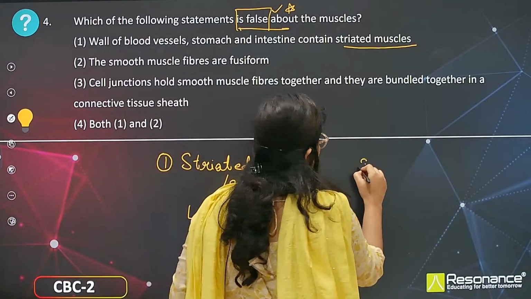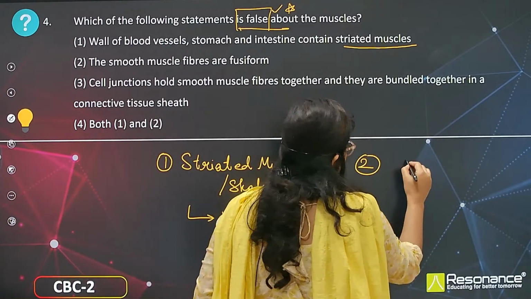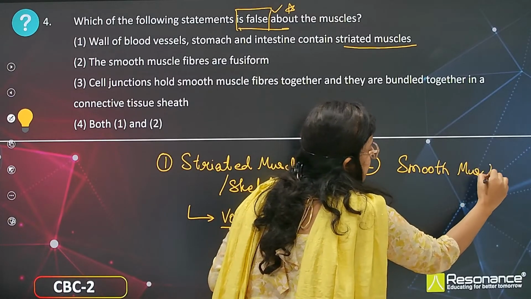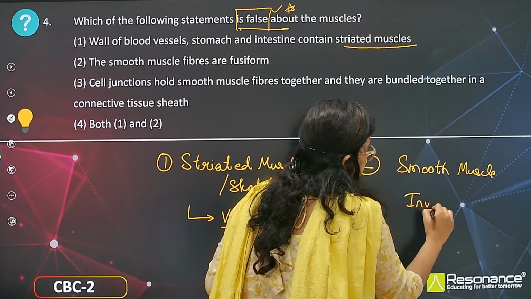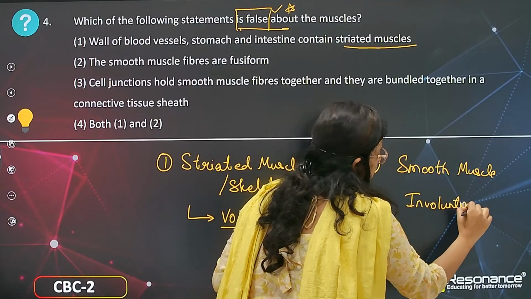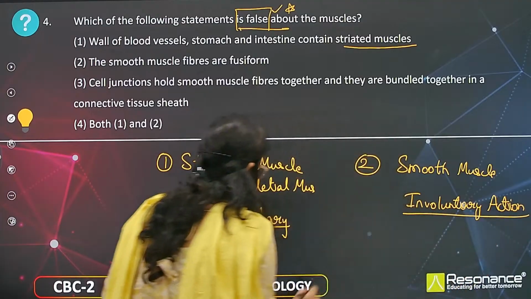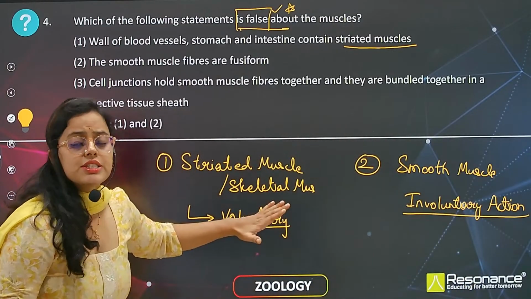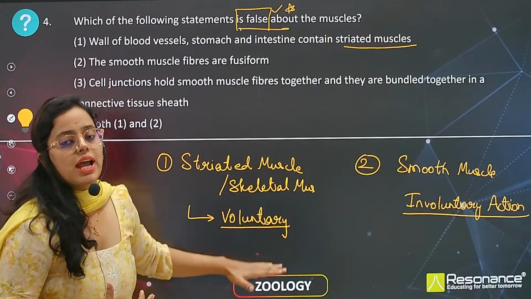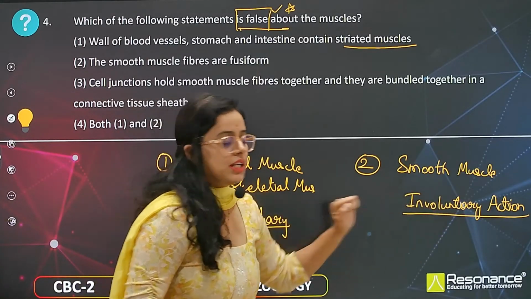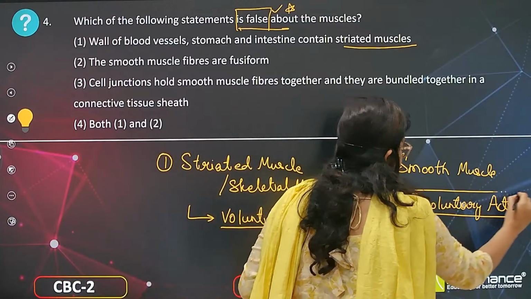Now when you compare with smooth muscles, they have involuntary action. What about voluntary action and involuntary action? We have discussed this very clearly. The action that is controlled by our will is called voluntary action. The action which is not controlled by our will is called involuntary action.